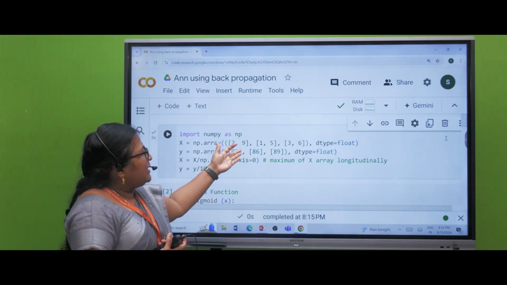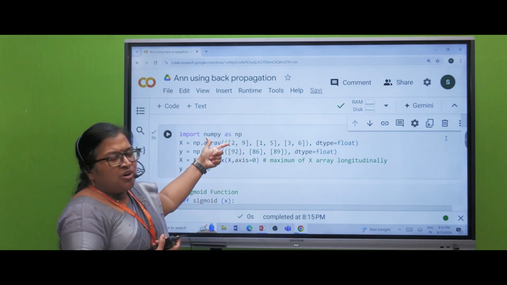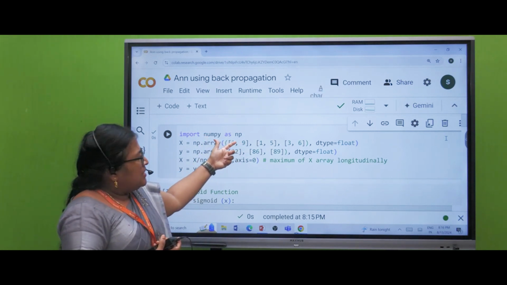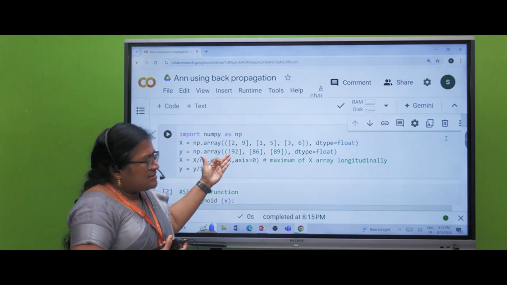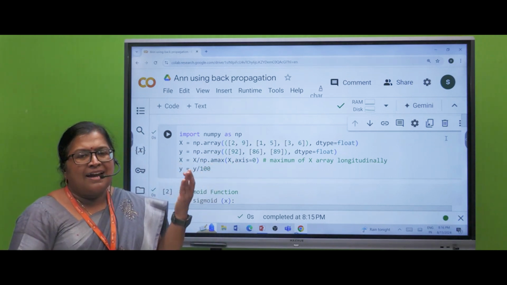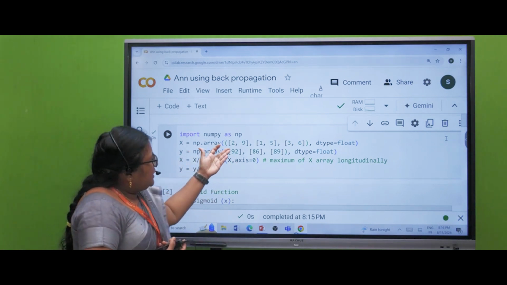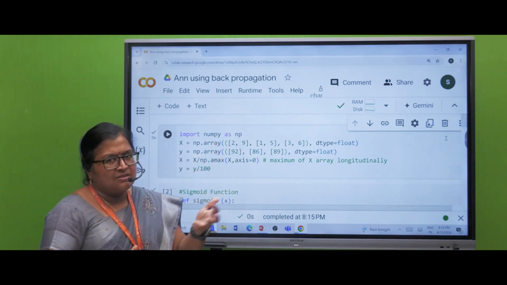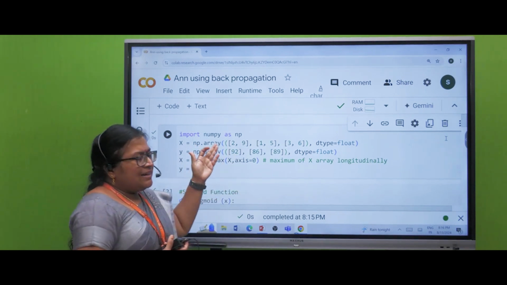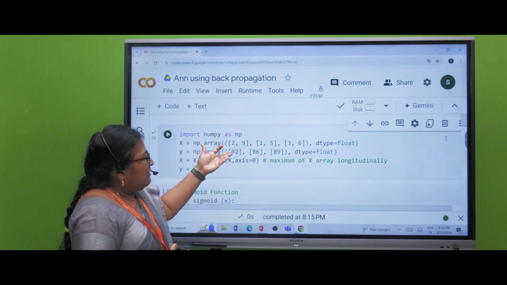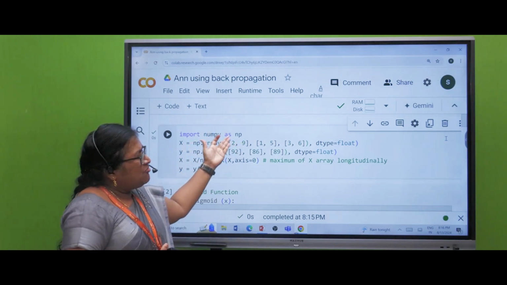The first student has 2 hours of reading time and 9 hours of sleeping time. Maybe this label we can consider as whether he passed the exam or not. He has a 92% chance of, let's say, failing the exam. So that is the label I have considered, and these are the features.